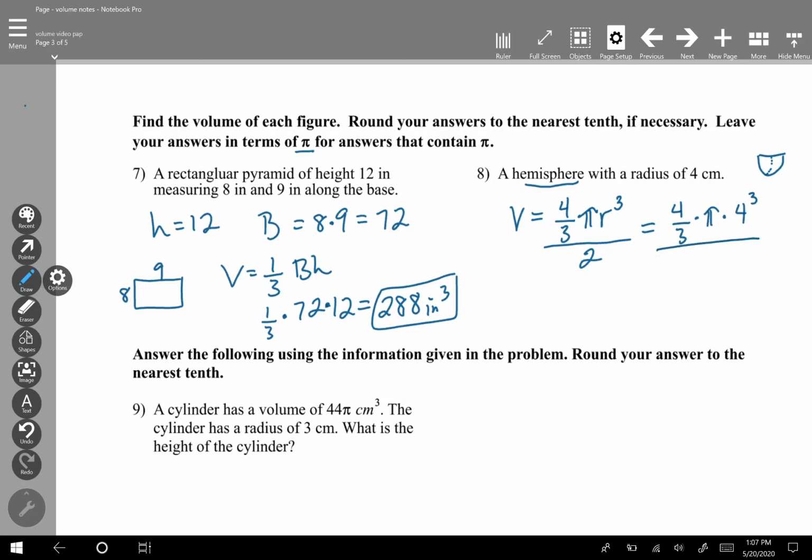We cube that and divide that by 2. So 4 divided by 3 times pi times 4 to the power of 3, close parentheses, press enter. Now I keep all those decimals. I don't shorten anything here, and I just do divide by 2, press enter again, and so I get 134.04. So it's going to be 134 centimeters cubed.